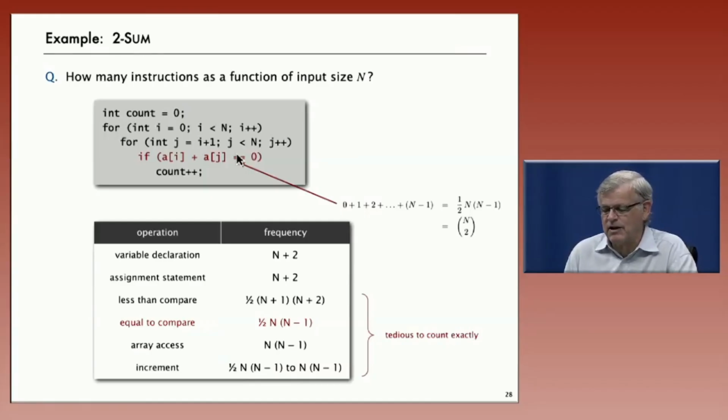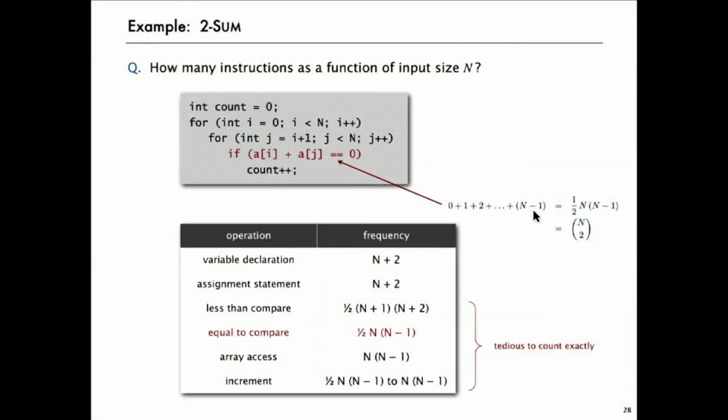It's the sum of the integers from 0 up to n minus 1, which is a simple discrete sum, 1/2 n times n minus 1, and since we're doing it twice, the number of array accesses is n times n minus 1. So we can go ahead and get these actual exact counts, but already it's getting a little bit tedious to do that.